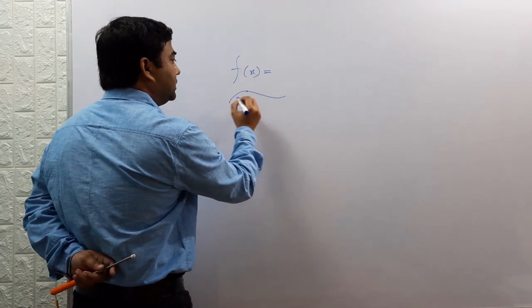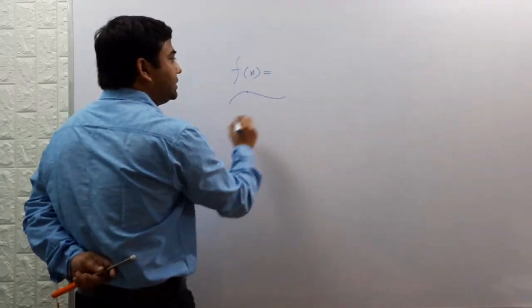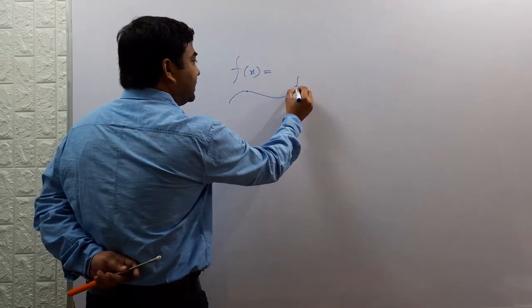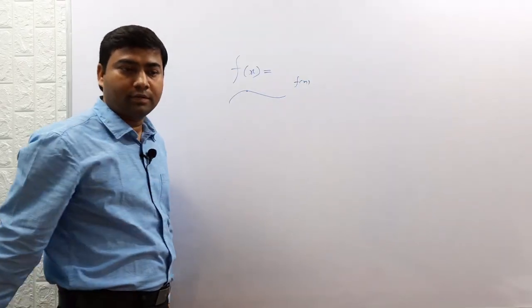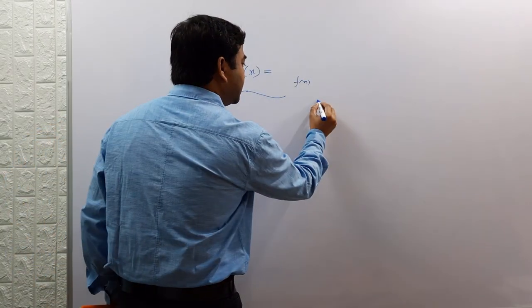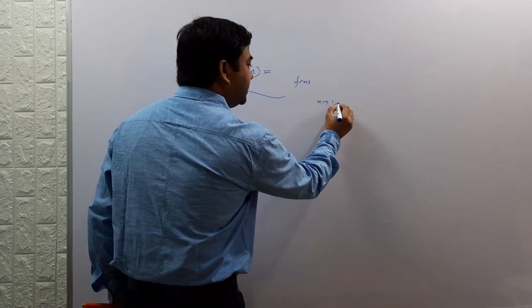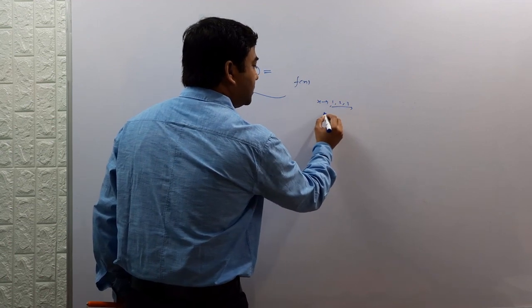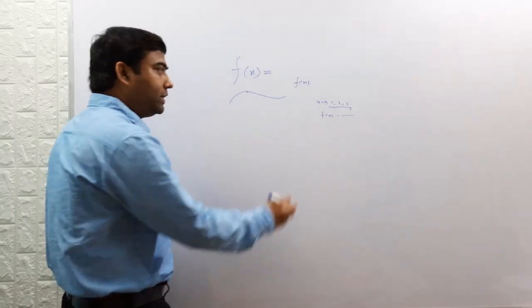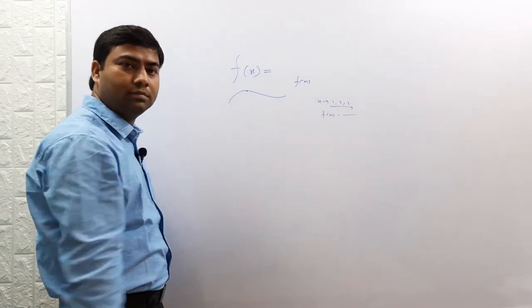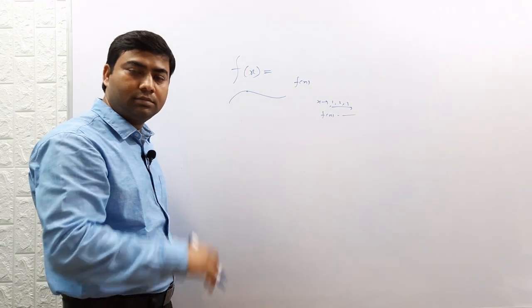At a certain point, this function is called increasing when f(x) increases with x. When the value of x increases, 1, 2, 3, f(x) should also increase. And when the value of x decreases, f(x) should decrease.